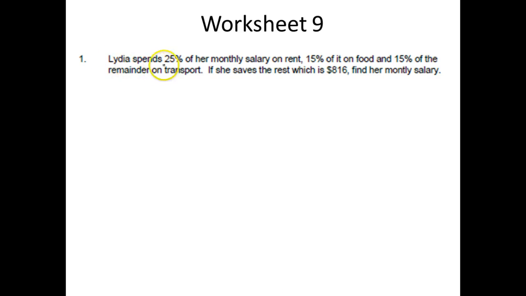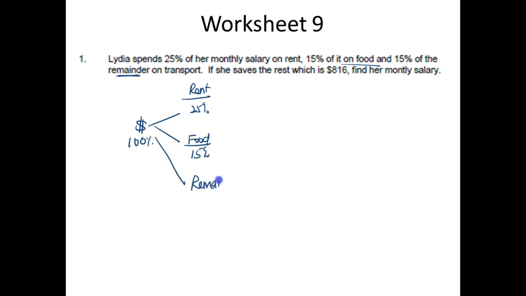Question 9. Lydia spent 25% of her monthly salary on rent, 15% of it on food, and 15% of the remainder on transport. So now there is a remainder. First, let's look at the monthly salary, which is my 100%. She spent on rent 25%, on food 15%.